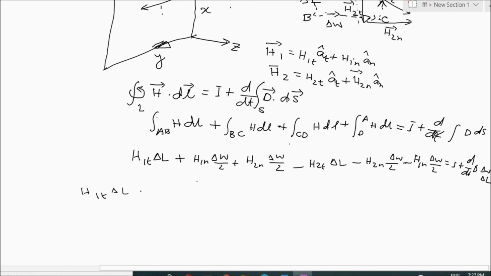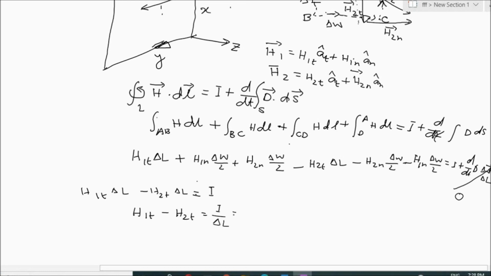Now I can write H1T delta L minus H2T delta L is equal to I. As delta W is very small, I can set those terms equal to 0, because the purpose of taking the line integral at the boundary or interface is that you choose the Amperian path so tiny that it only exists at the interface, not inside medium 1 or medium 2.